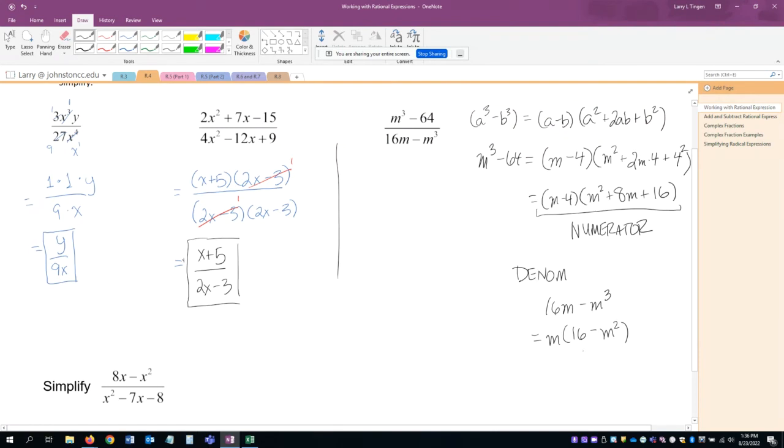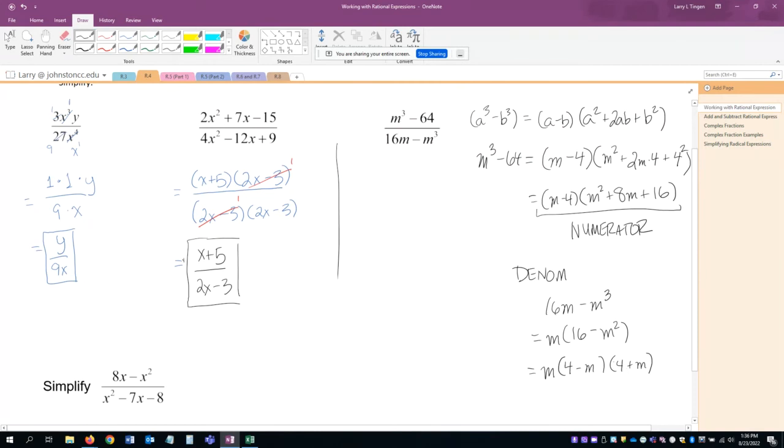This is the difference of squares. The square root of 16 is 4, the square root of m squared is m. So that means this breaks down into 4 minus m times 4 plus m.